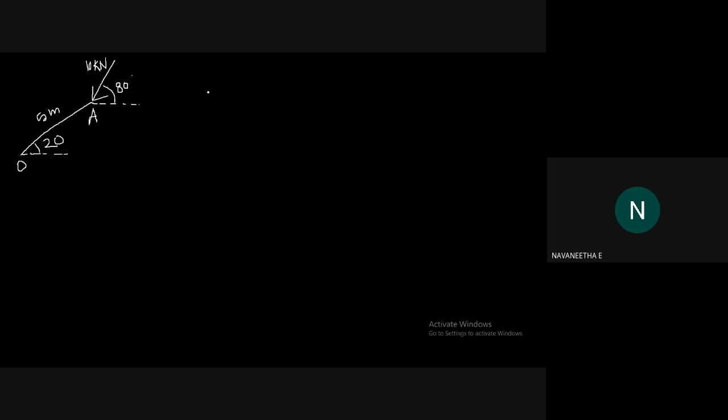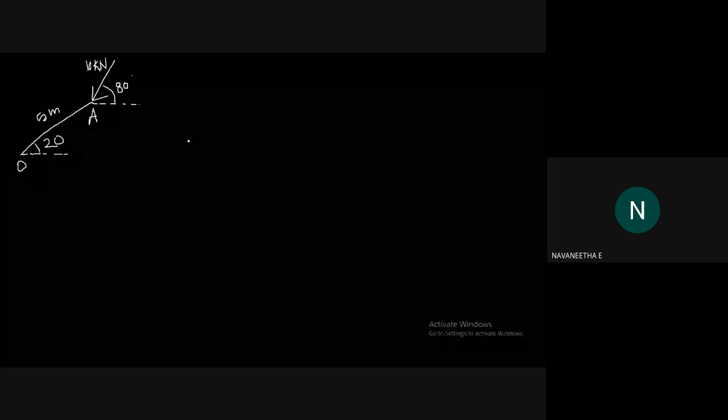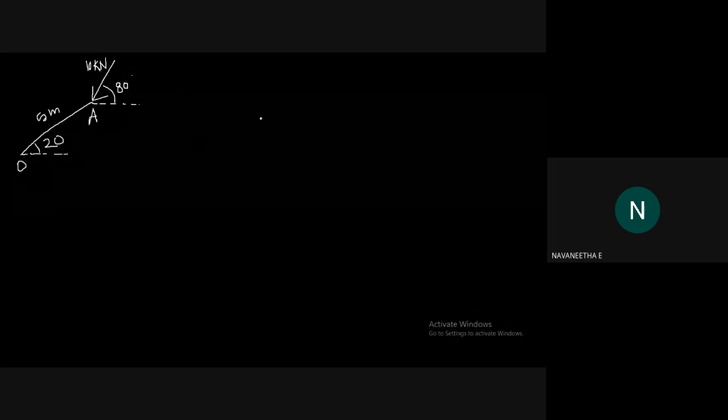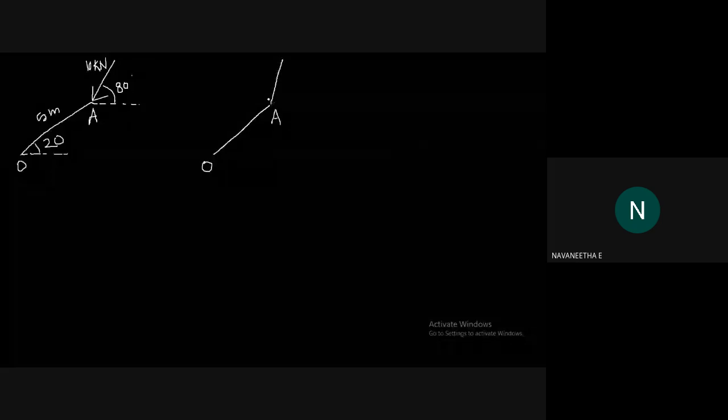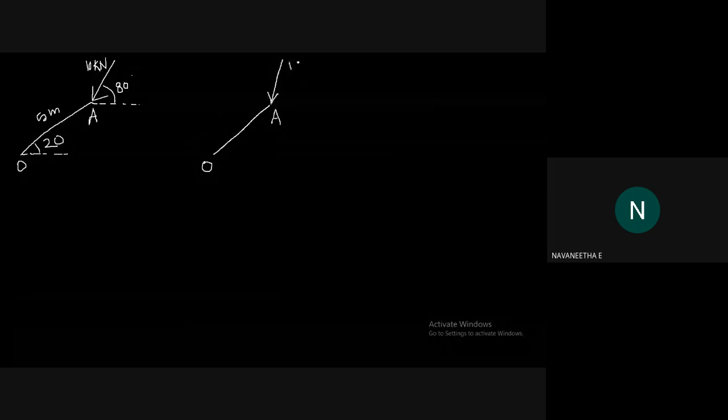Now in the next method, I am considering the coordinate system as the original coordinate system. So here I am drawing the beam OA. Then I am drawing the force 10 kilonewton. And here I am drawing the original coordinate system, which we know.